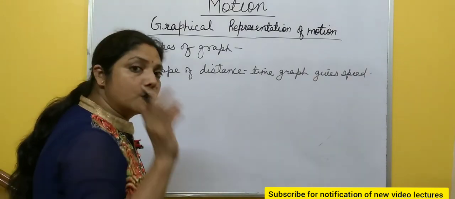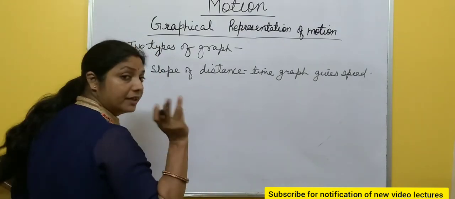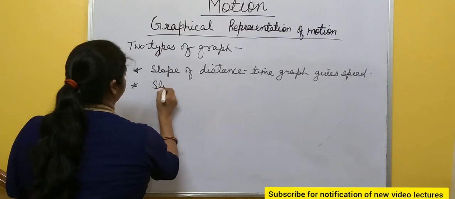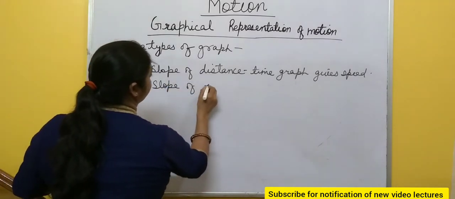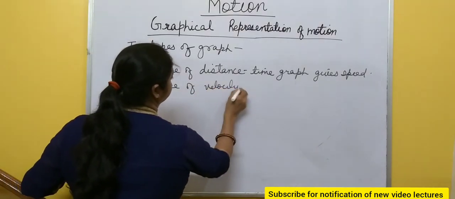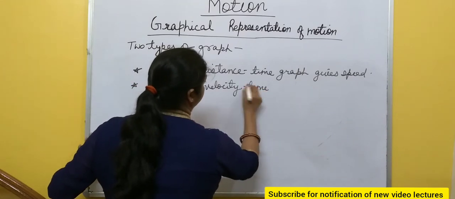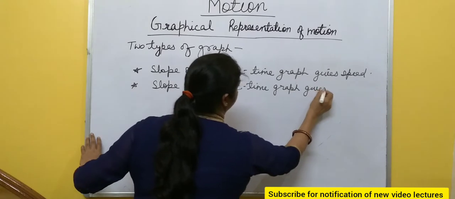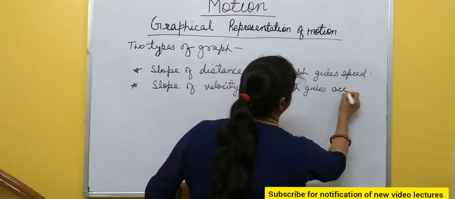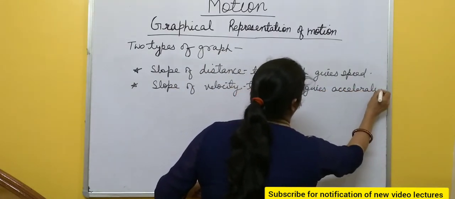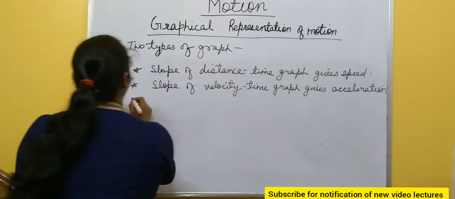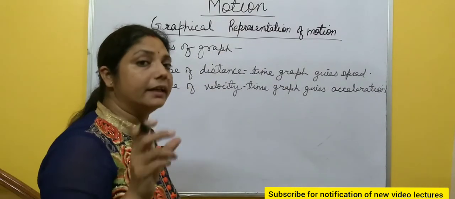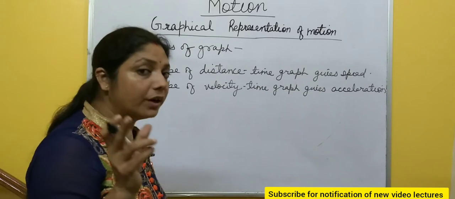The second one is the slope of the velocity time graph gives acceleration. Yes, slope of velocity time graph gives acceleration, okay. And one more last important point, that is, the area under the velocity time graph gives what?